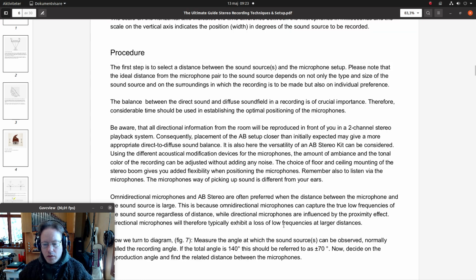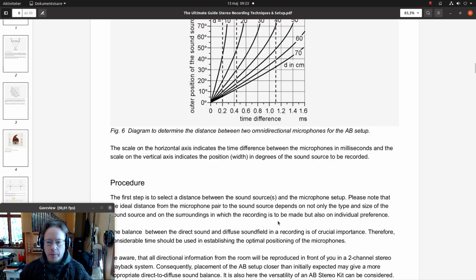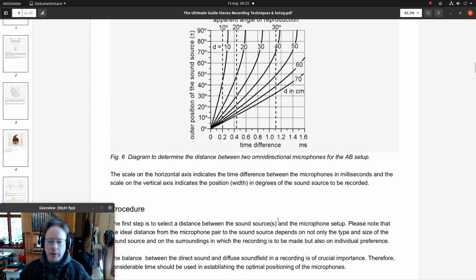So, well, you pick a distance that is appropriate for the sound you want to make, and then you pick a distance in between the microphones. You have a help here that if you're kind of wanting to reproduce the sound image on the normal stereo setup, you should follow this dashed line, and these values are the distance in between the microphones, and here over you have the recording angle.